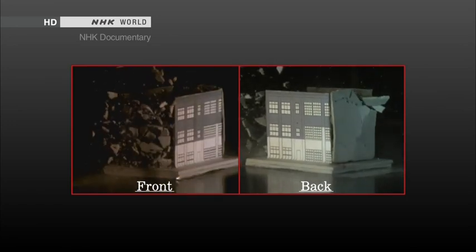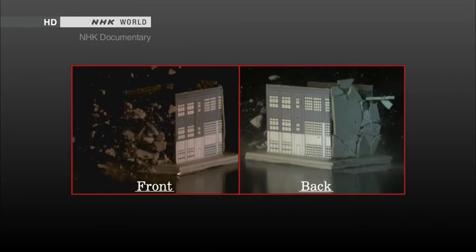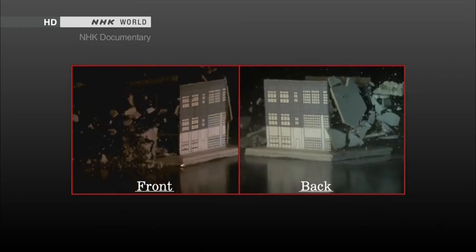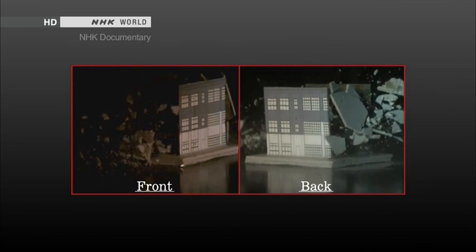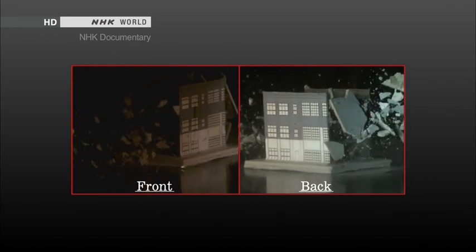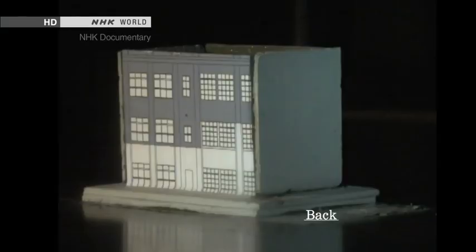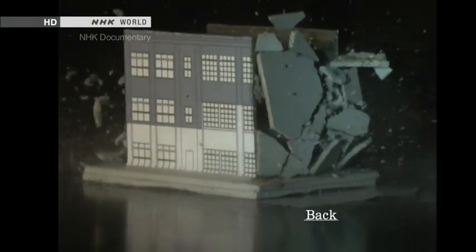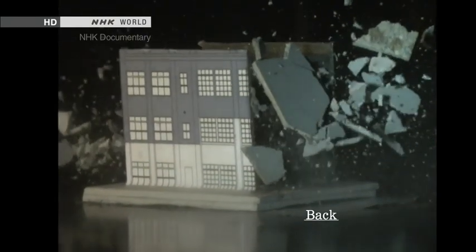Roughly 1/50th of a second after the front wall begins to shatter, the back wall is destroyed, as if blown out from within. A pressure wave moving horizontally smashes into the front and hurtles through to the back wall.